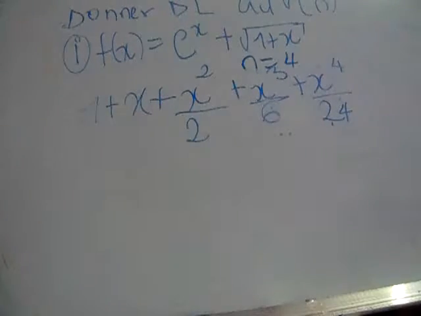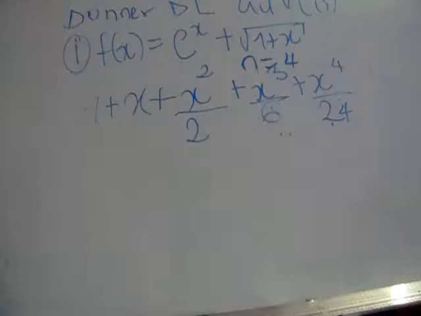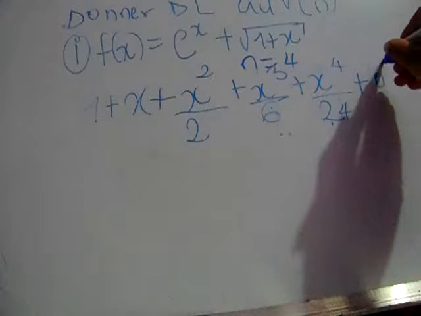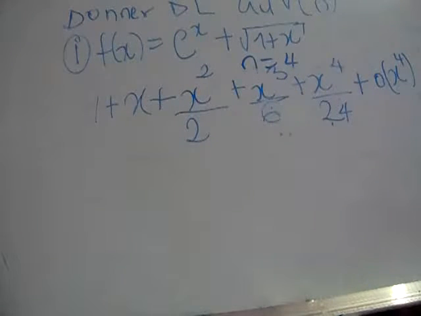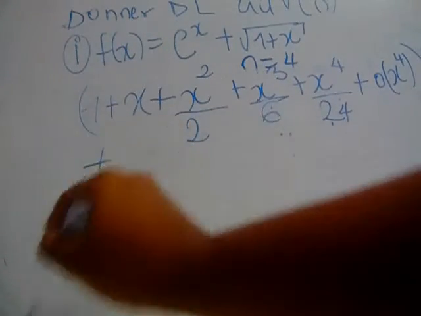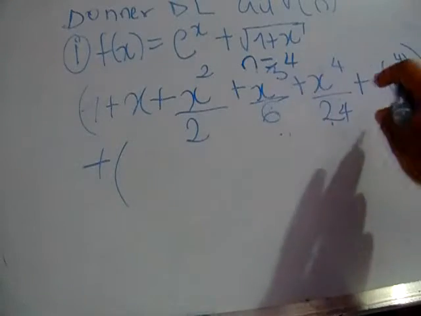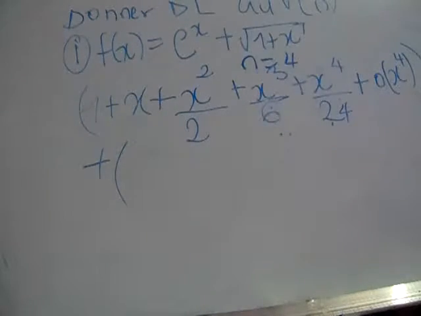So we are going to add this with our square root of 1 plus x. So this is part2 de x4. All of this plus square root of 1 plus x.